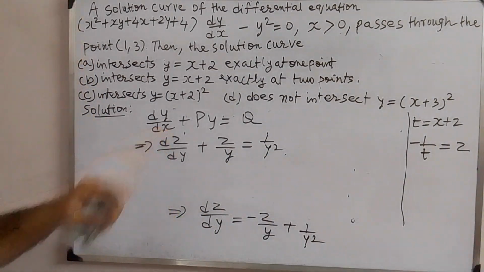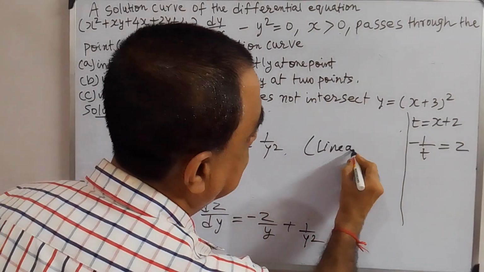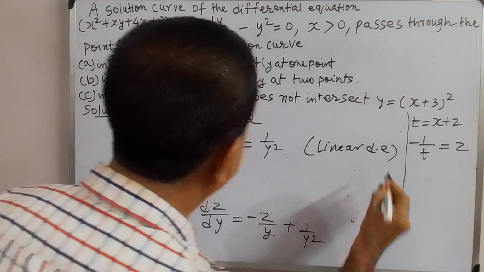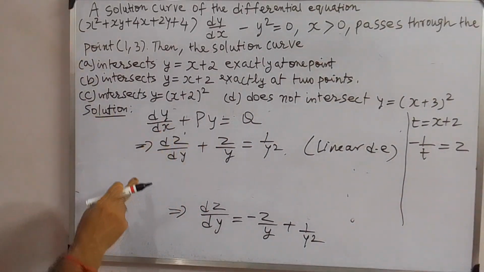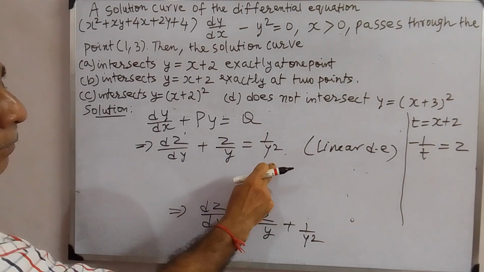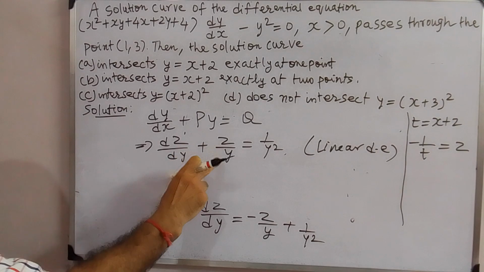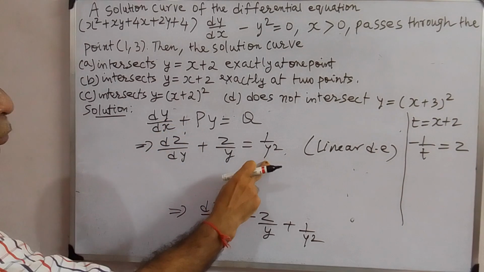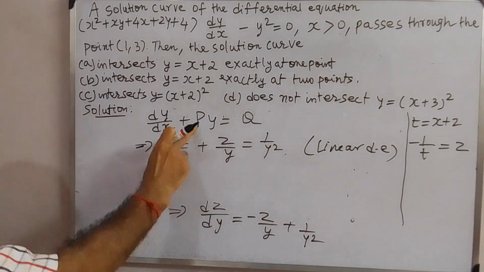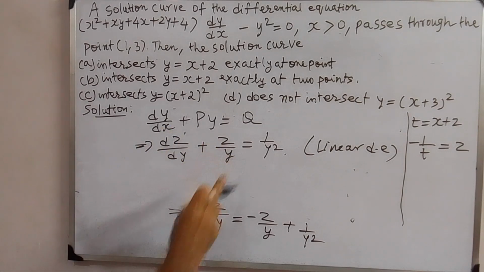Now compare it with the standard form: p is 1 by y, q is 1 by y squared, both functions of y, and dz by dy here.